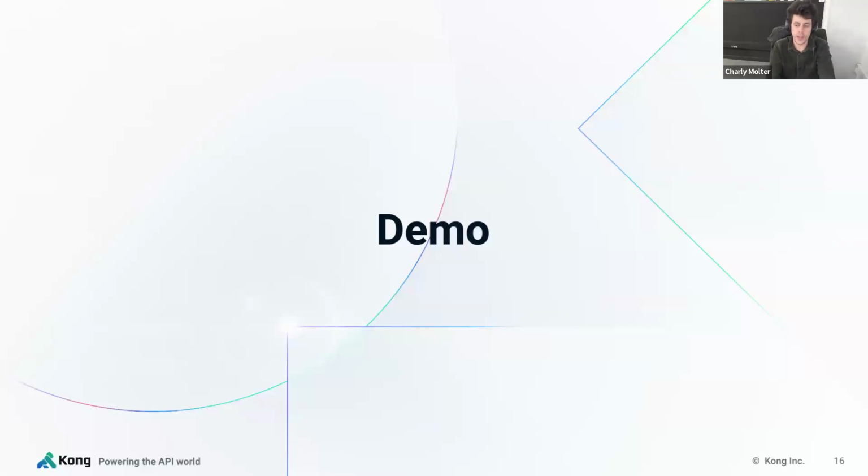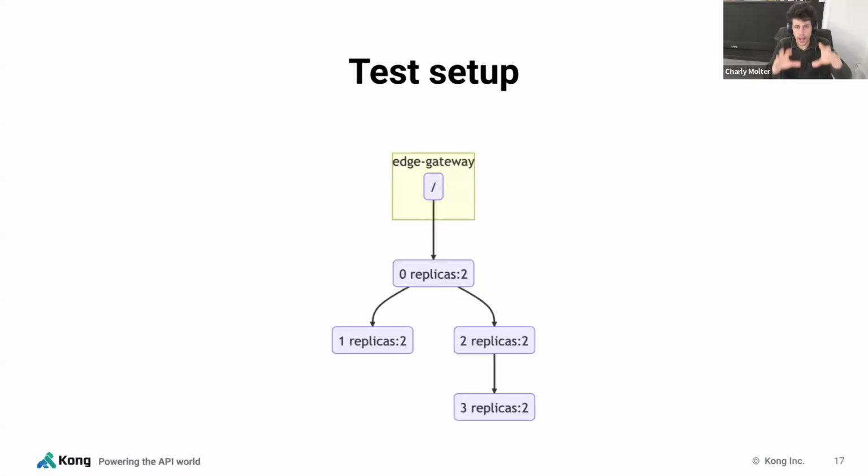Okay, so now let's get to a demo. I'll just show quickly the little setup that we've got running because it will help understand the whole demo later. So we have an edge gateway, which is a built-in gateway that has a single route, which is / that routes the traffic to our service 0, right?